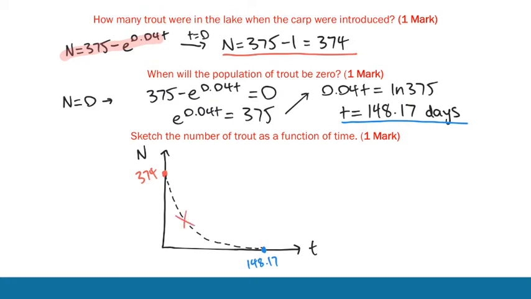What this graph looks like is a little bit more like a parabola. It actually looks like this. The reason we know that is because we're subtracting an increasingly large exponential from a constant number. So at t equals 0, that exponential term is just 1, so we're subtracting 1.